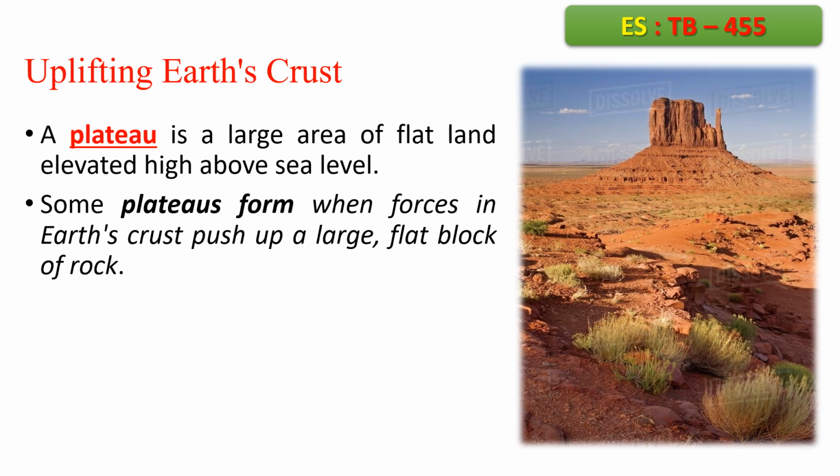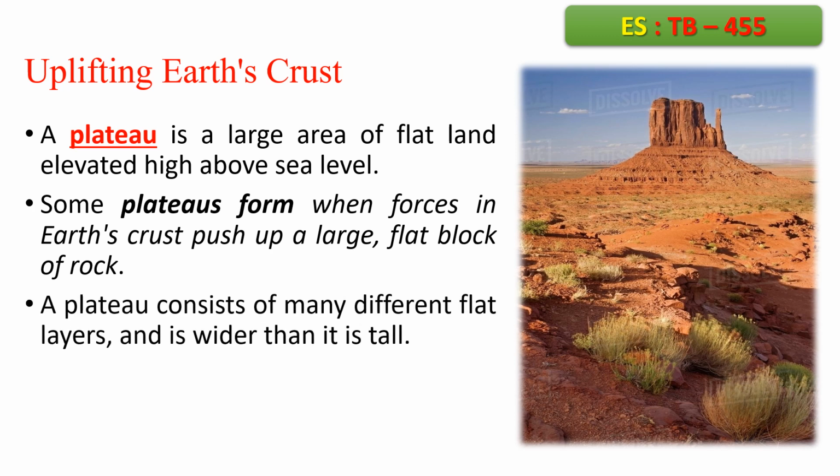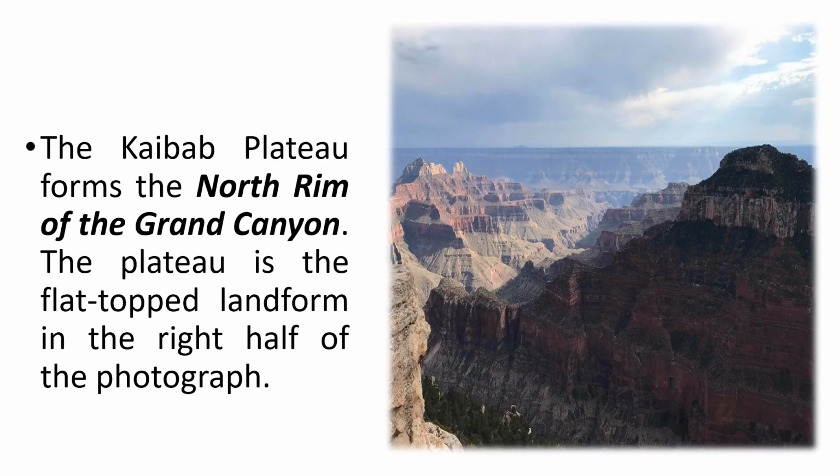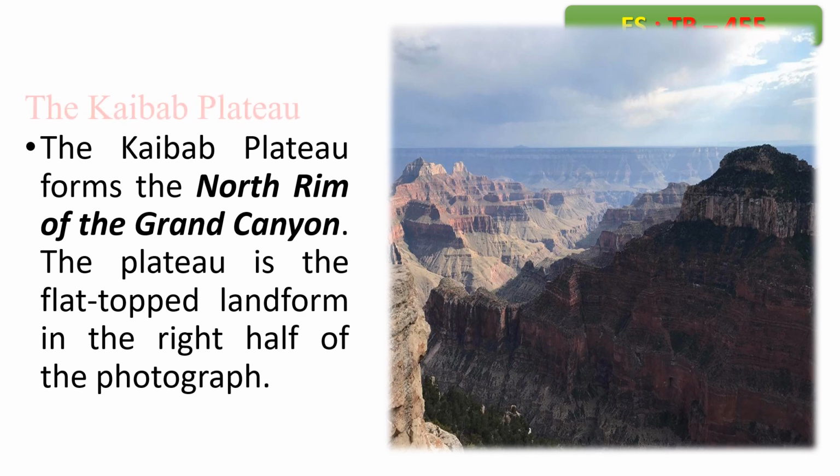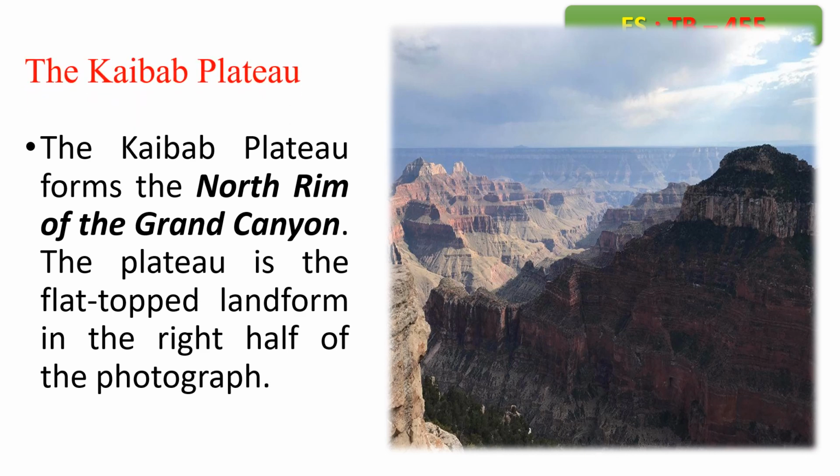Look at the diagram. A plateau consists of many different flat layers, and it's wider than it is tall. You can see an example of a plateau named the Kaibab Plateau from the northern rim of the Grand Canyon. We already discussed that plateaus are formed by the uplifting of Earth's crust.